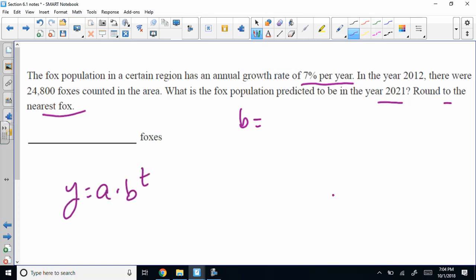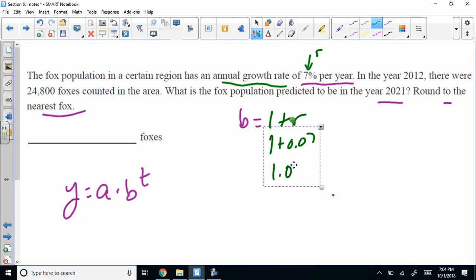Y equals A times B raised to the T. Well, B, because this is a growth, right? It's 1 plus R, and this happens to be the R. So that's 1 plus 0.07, which is 1.07. That would take what they have plus a 7% increase, right?